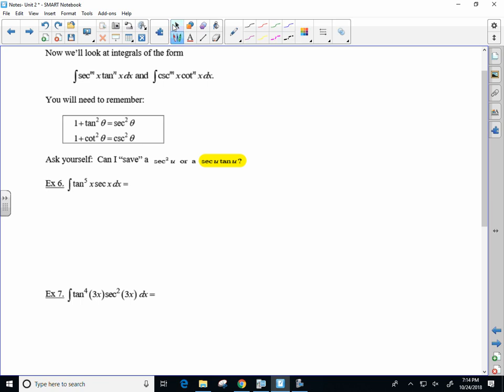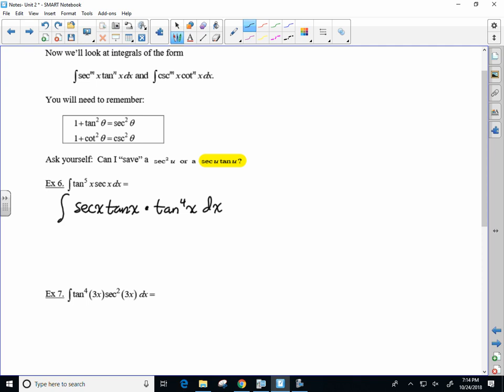So again, what I mean by saving is just write it as a separate factor. So secant x, tangent x, and then separately from that I would write tangent to the 4th. All right, so that's what I mean by saving the secant times tangent.